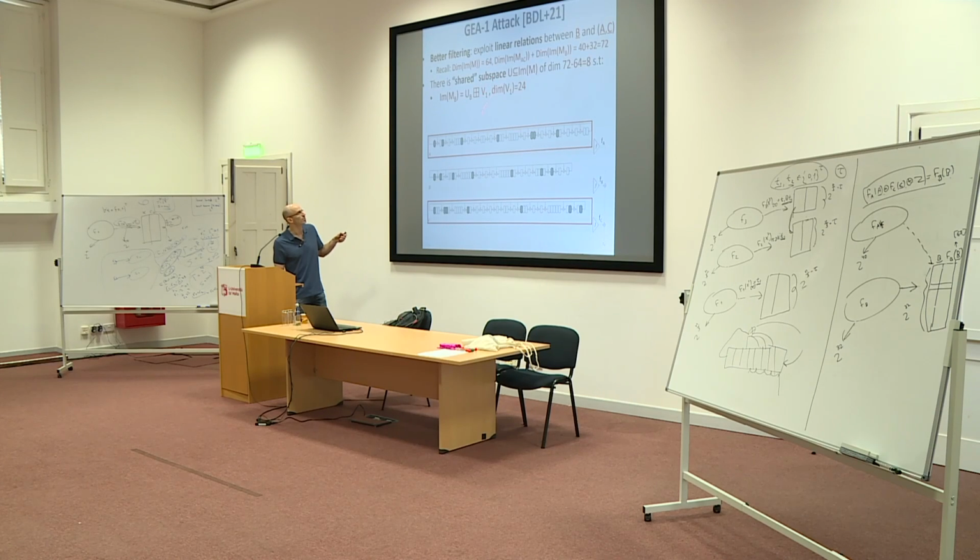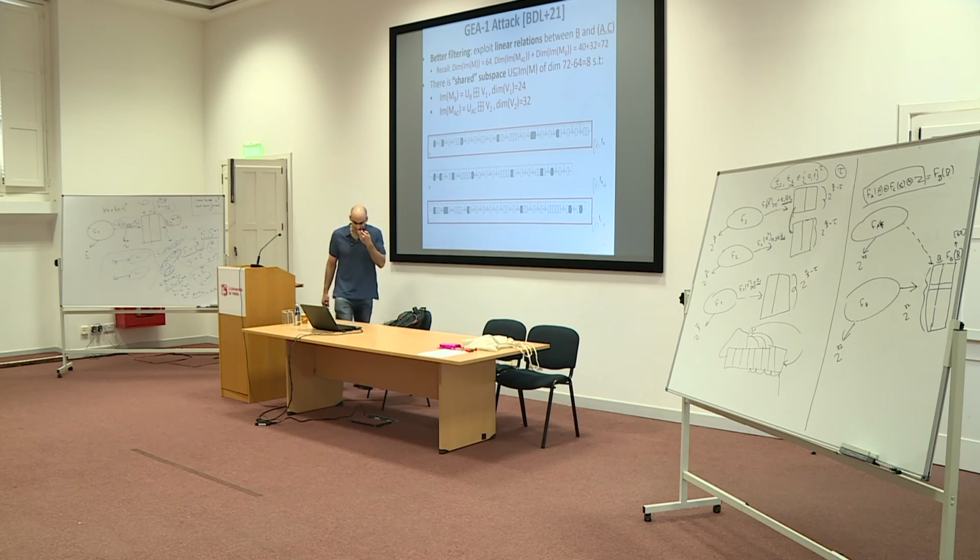I don't care what it is, but I know its dimension is 32, the original dimension, minus the dimension of U projected to B, which is 8, so you get dimension 24.